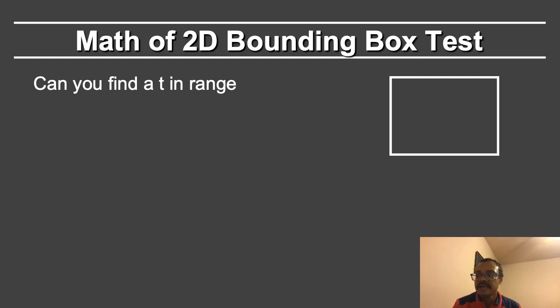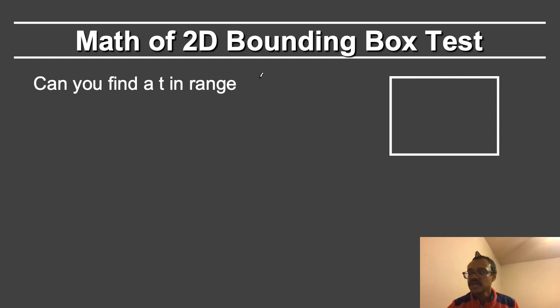Let's talk a little bit about the math of the 2D bounding box test. Similar kinds of ideas apply in 3D. Remember that we are trying to find the equation of a ray.